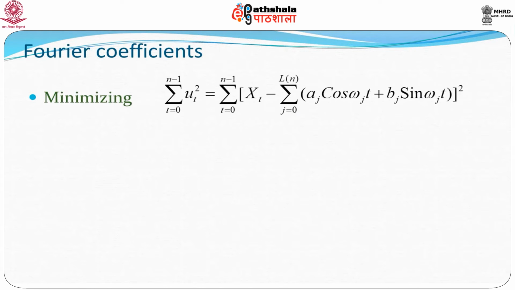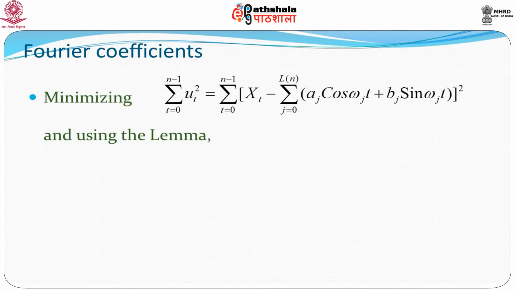Now, given this result, let us minimize the sum of u_t squared, which is x_t minus the sum over j of a_j cos ω_j t plus b_j sin ω_j t, and then you square this whole thing and sum over t.